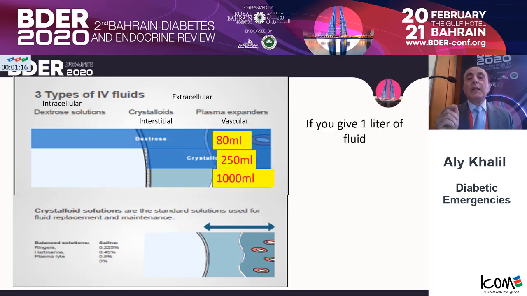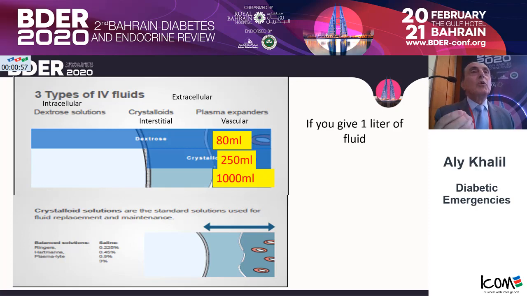Now, if you give 1 liter of fluid in the form of D5W, what you expect to stay in the intravascular volume is only 80 milliliters of that 1 liter. The rest is distributed in all compartments.